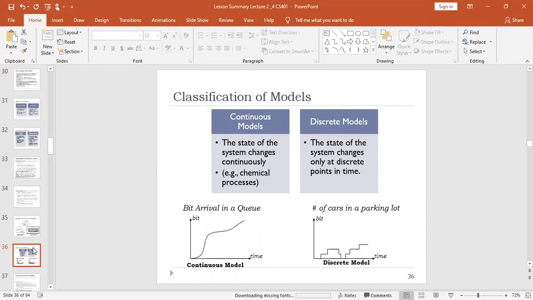When we talk about discrete, we are talking about change in the state of a system at only discrete points in time. So arrivals in the bank are based on discrete arrivals. So 1, 2, or 3 people entering. These are discrete counting numbers. But the waiting time is continuous.